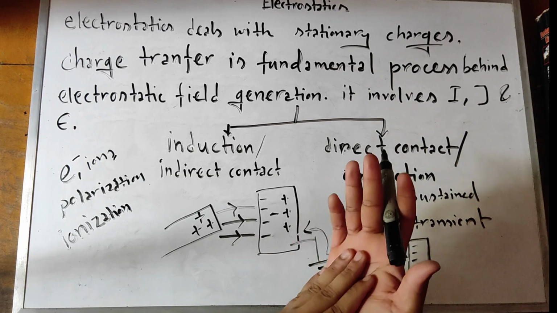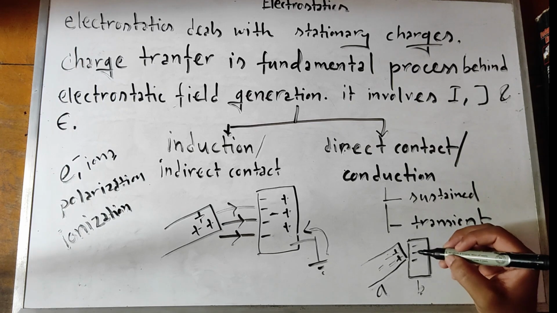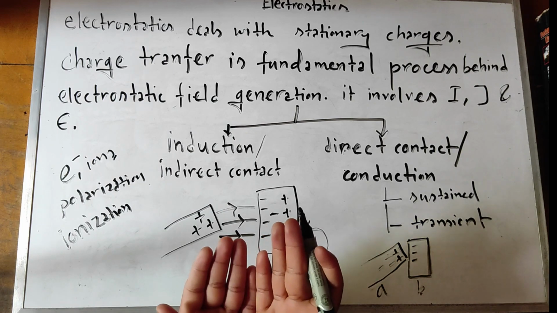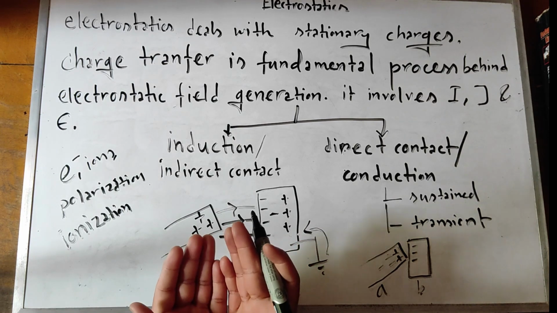But when we touch the two, extra electrons will go across, and relative to each other they would become neutral.